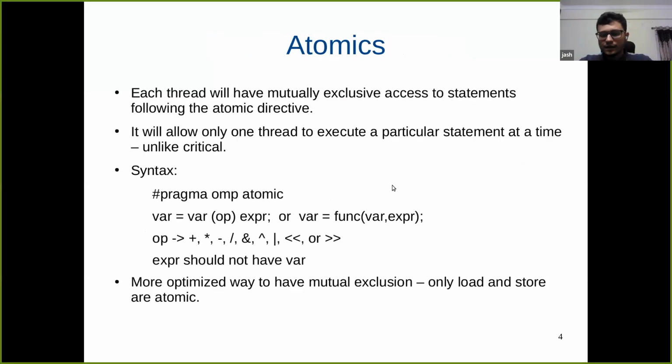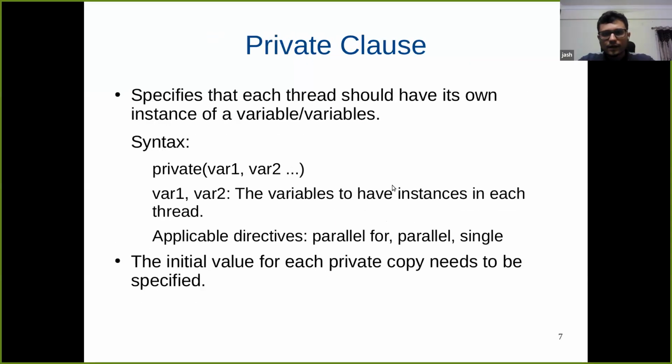So quickly covering these things, the private clause specifies that each thread should have its own instance of that variable or the set of variables. In general, the syntax is private followed by the set of variables in parentheses. So you can specify multiple variables, not just one. There would have been other variables like k or something like that.